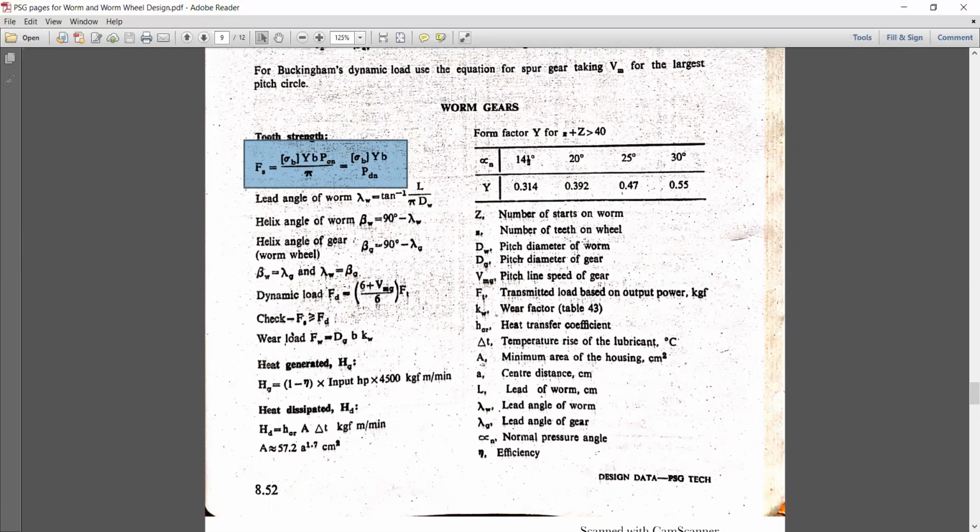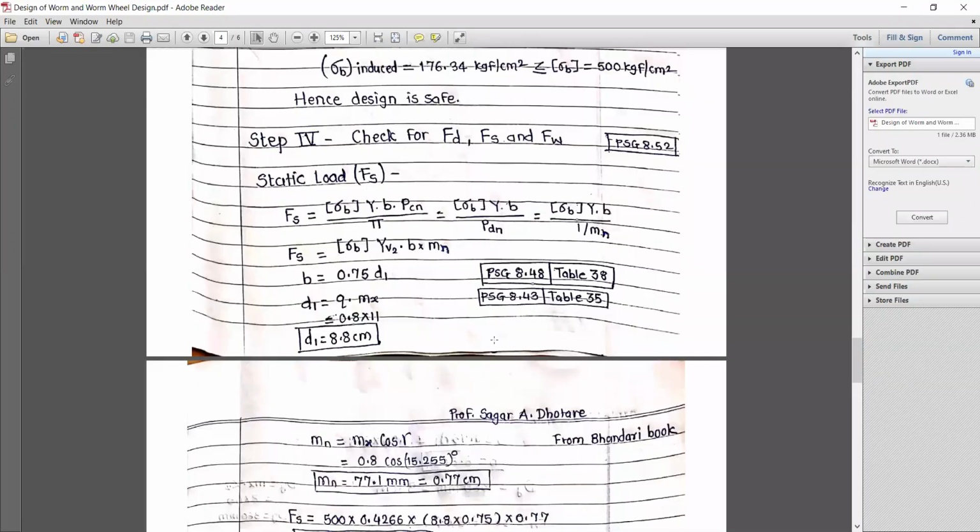Pi dn is equal to 1 upon mn. So after putting this into the equation, we get the final equation: sigma b into Yv into b into mn.